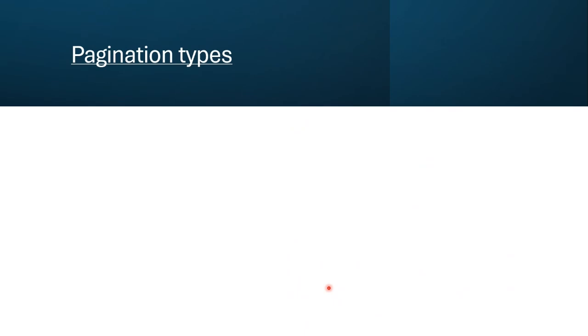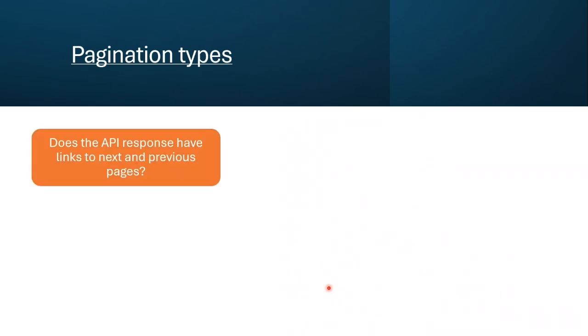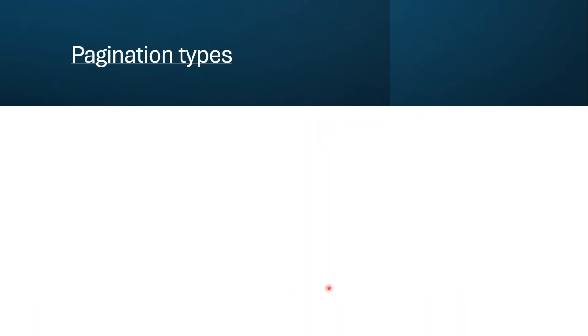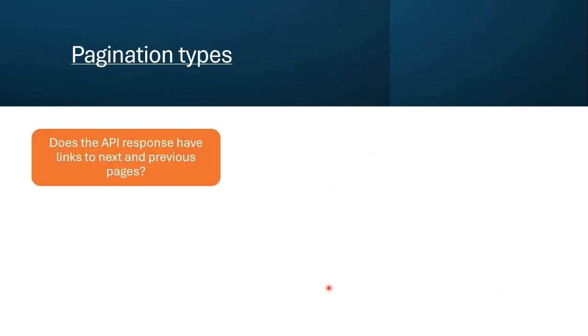Let's talk about pagination a bit as well. First, before we talk about pagination, we need to ask ourselves a question, or ask that external API a question, so we can determine what type of pagination we need. We support 3 different types of pagination. One is when the API has a link to the next or previous pages.